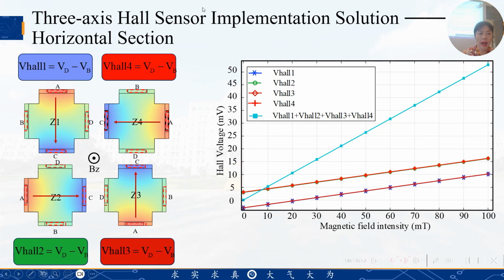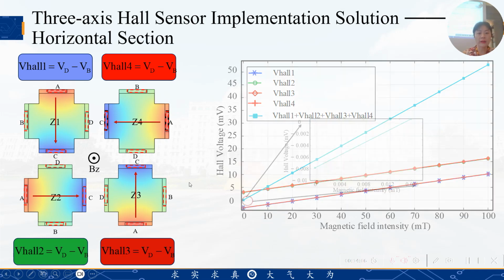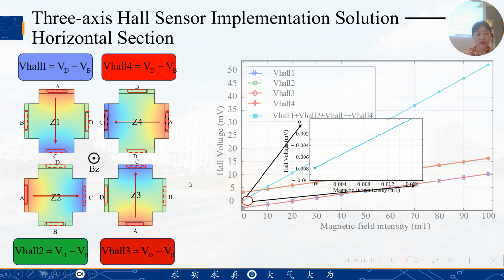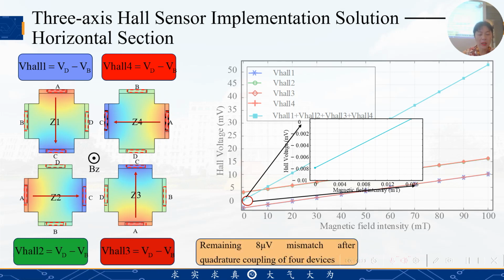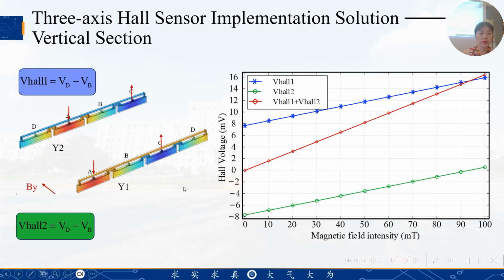And in this three Hall sensor implementation solution, we have 4 devices in the plate, and we use them to complement the offset of each other. This is our simulation result. Finally, we only get 8 microvolt mismatch after the coupling of the 4 devices. That's our final result.